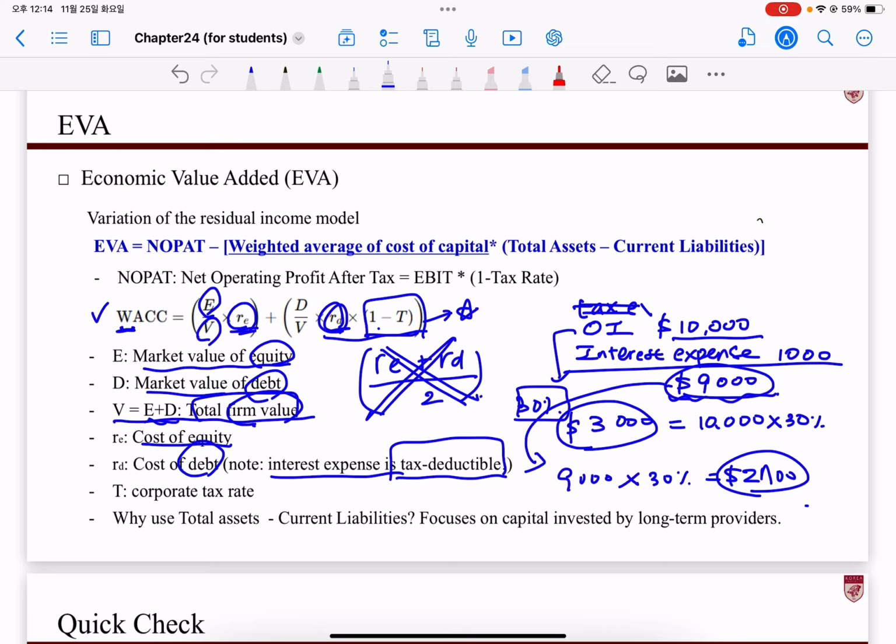Because this is the part that you already get a favor from the government, you want to also leave out that part by taking 1 minus t. So the cost of debt, if it's 10% raw, and your tax rate is 30%, then it's going to be 1 minus 30%. So your net cost of debt is going to be 7% instead of 10%. Okay. That is because you get a tax treatment from your government. Okay, so the cost of debt is a bit tricky.